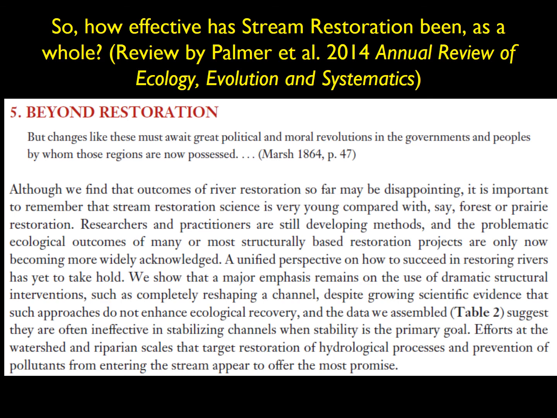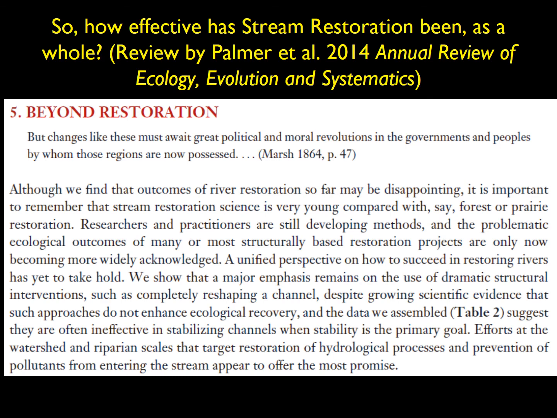So this work on rivers and streams has shown us that, look, it's not the stream bed itself that is causing this degraded water quality. It's factors at the watershed scale. It's factors in the riparian zone. So we've learned a lot about how rivers and streams work, what degrades and stresses them from our practice and our learning about stream restoration.